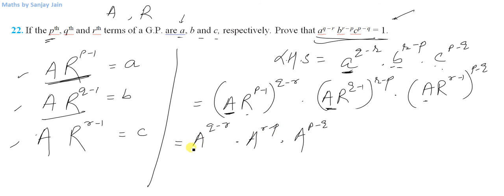What I was saying is these are in product form, and the base is same, which is A. So these powers will add up. I can write it as q minus r plus r minus p plus p minus q, and these will get cancelled. So this is A raised to power 0.